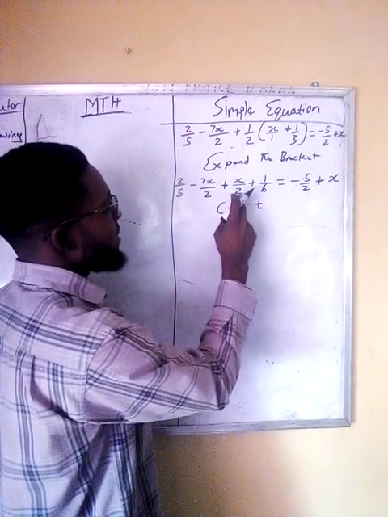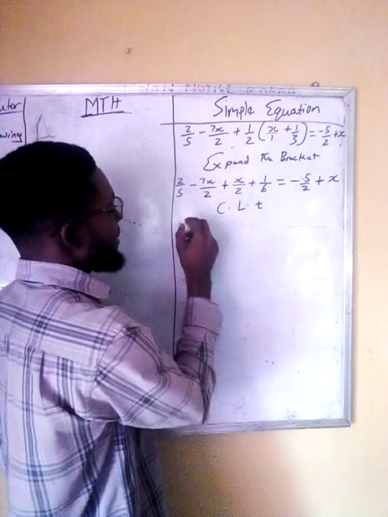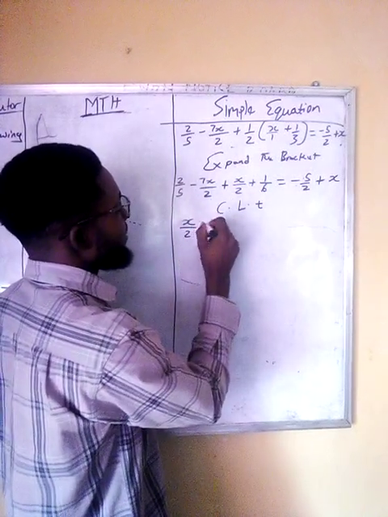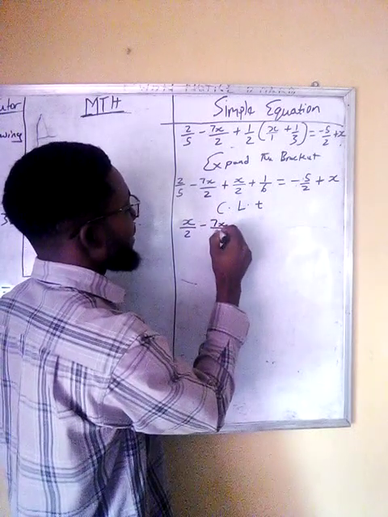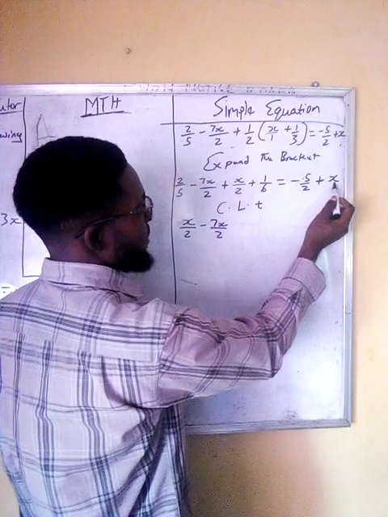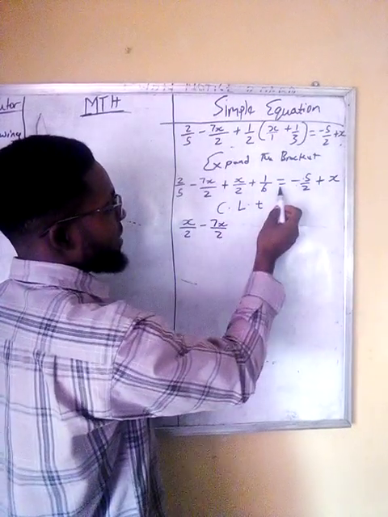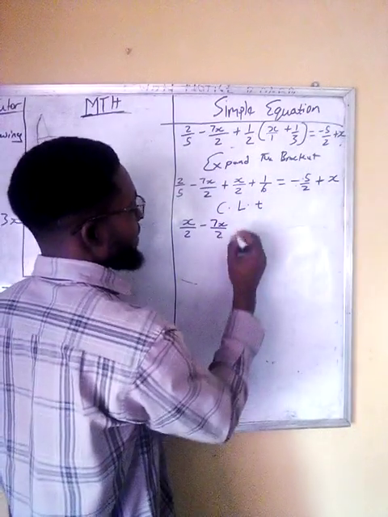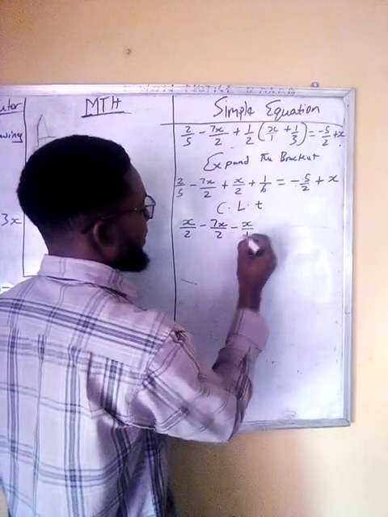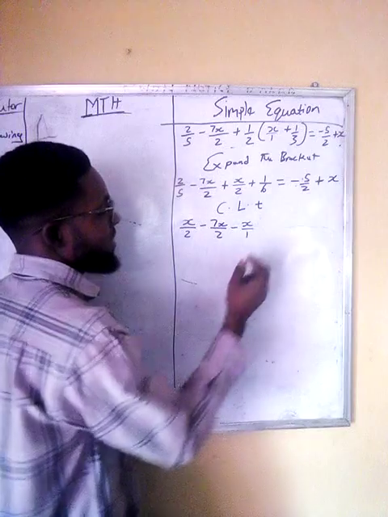This one is positive, so it should come first. So this is x all over 2 minus 7x all over 2. Now this one is x, and it is positive. You take it, you cross over the equality sign, it changes to minus x, or let us say x over 1, all over 1, which is the same.